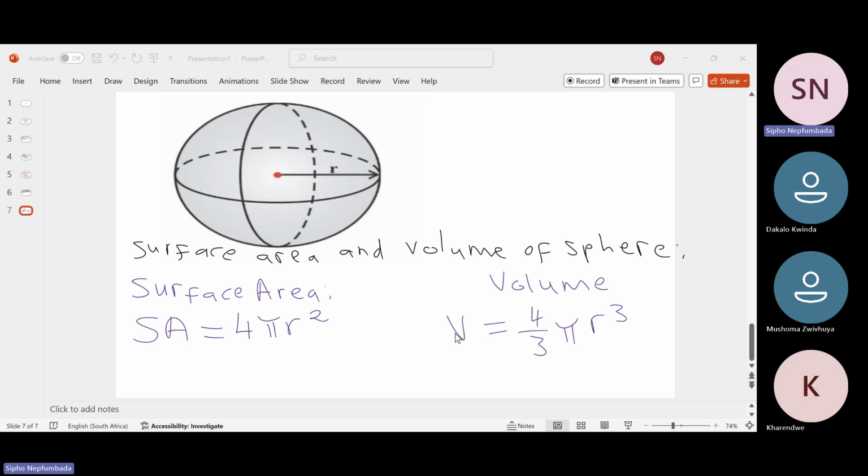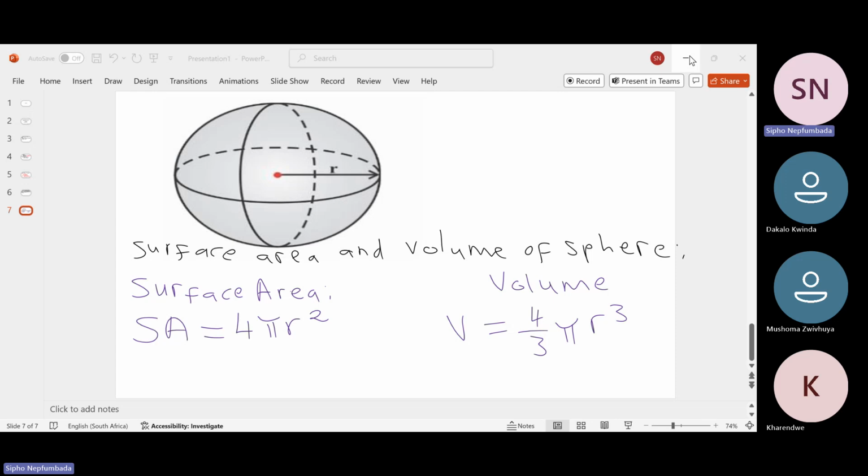Okay, let us proceed. So as far as we're concerned, you grab the formulas, right? The formula for surface area of a sphere says 4 pi r squared, right? Are we good? Yes.